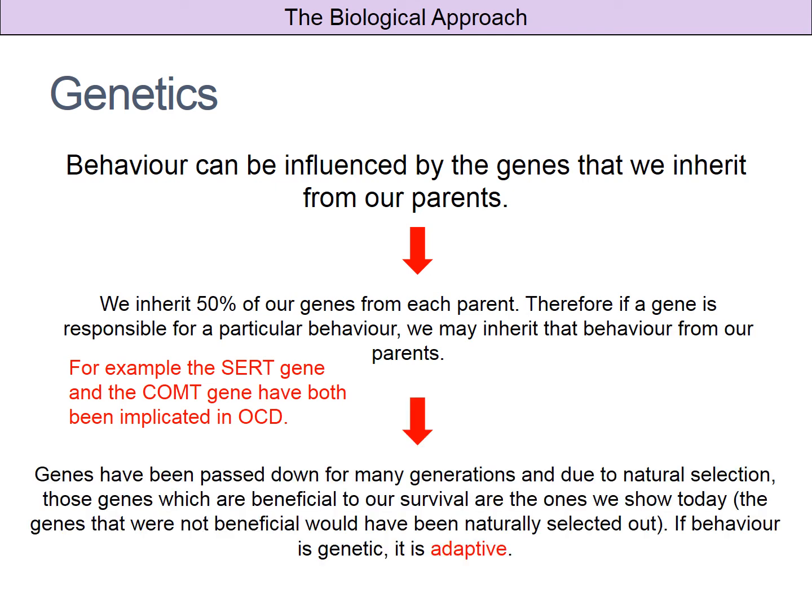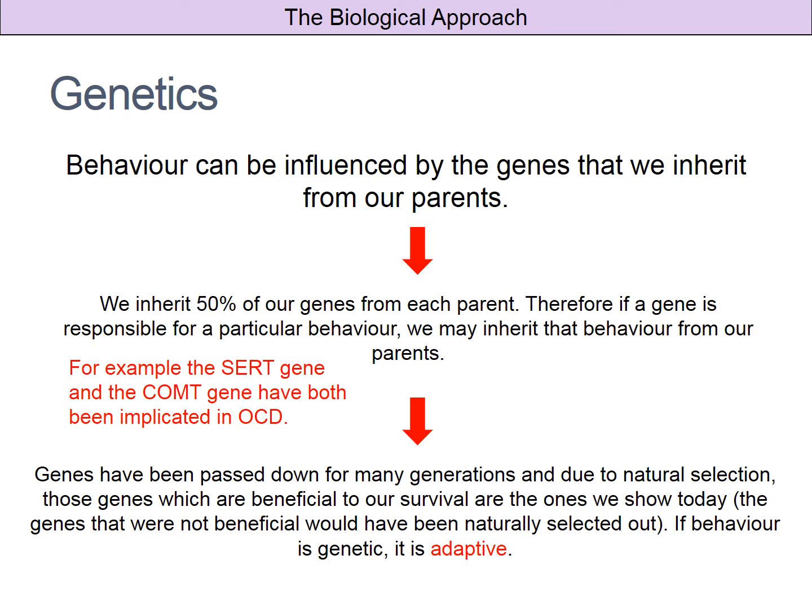Now, the link to evolution. So genes are passed down not just in one or two generations, they're passed down for many, many generations. So the genes that we carry now have been passed down from thousands of years ago, and they have been selected as being the genes which are best for our survival.